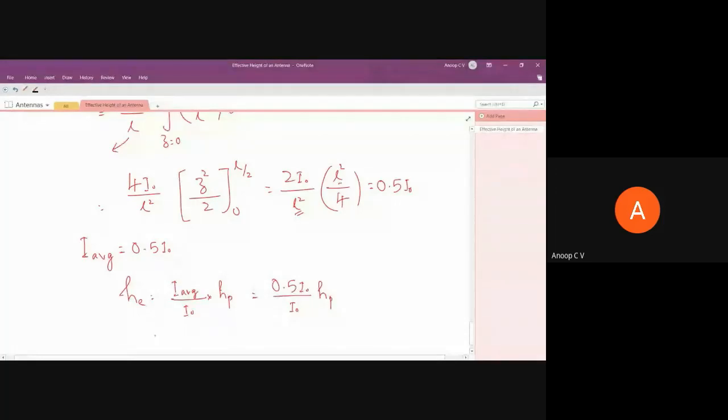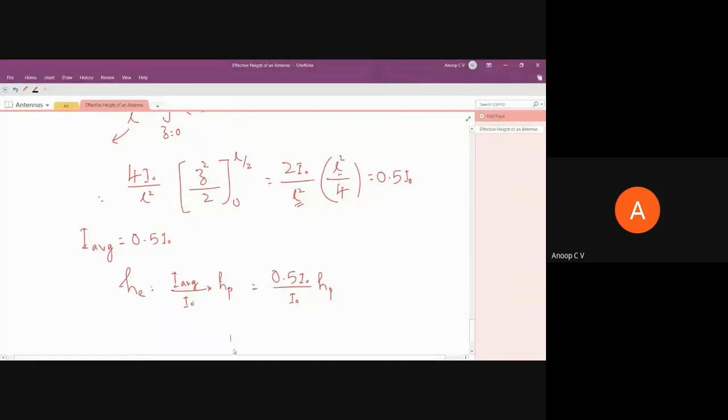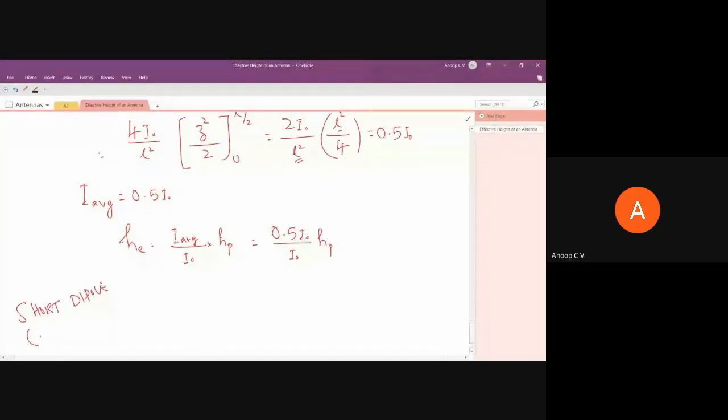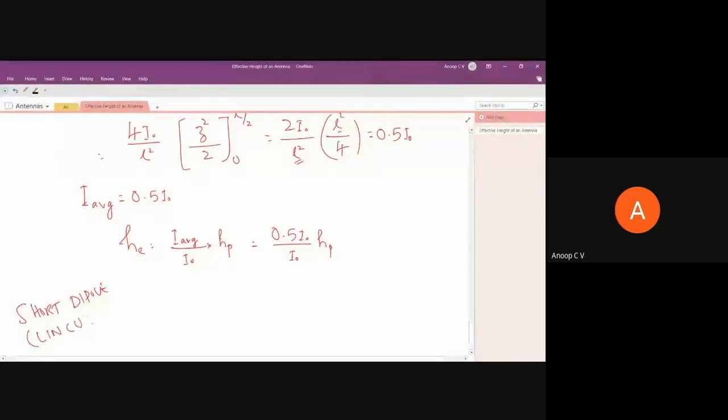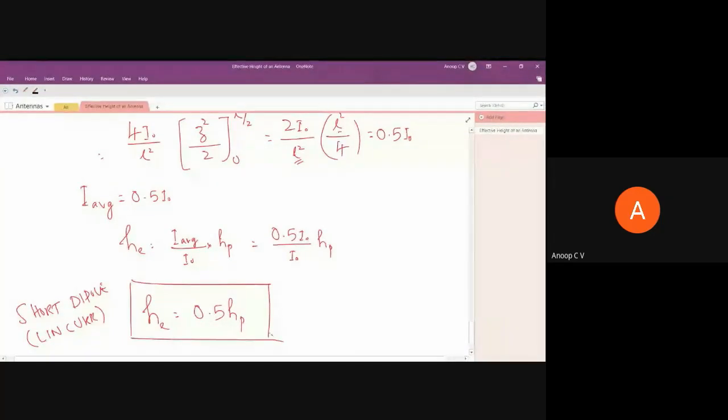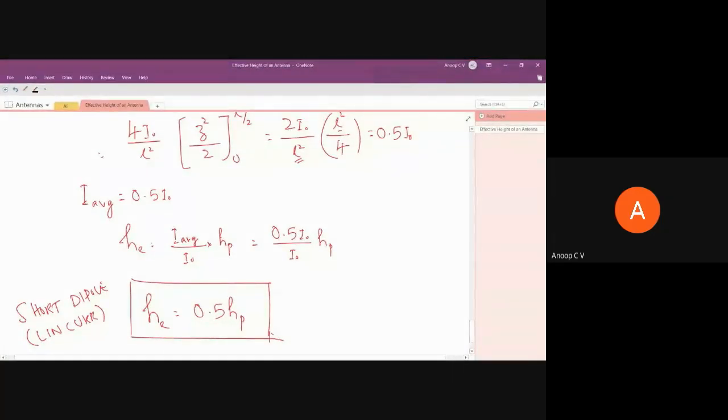So for a short dipole with linear current distribution, HE is equal to 0.5 HP, only 50%. For a short dipole, only 50% of the length will contribute to voltage induction, whereas for a half wave dipole it was 64%.